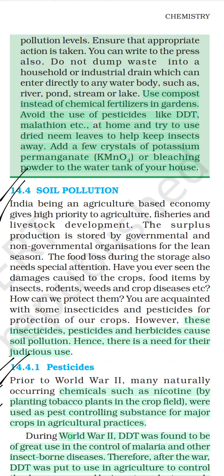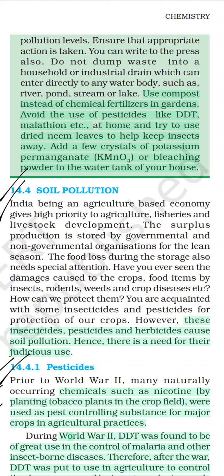The food loss during storage also needs special attention. Have you ever seen the damage caused to crops and food items by insects, rodents, weeds, and crop diseases? How can we protect them?